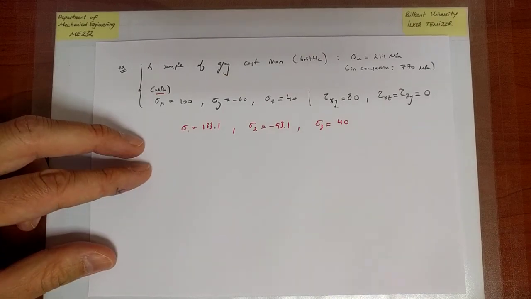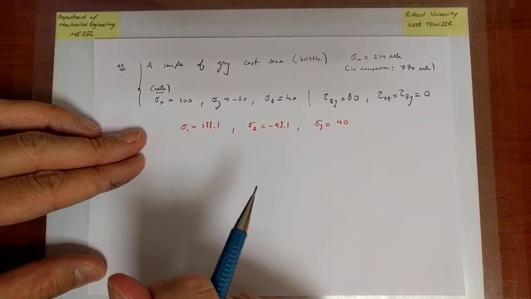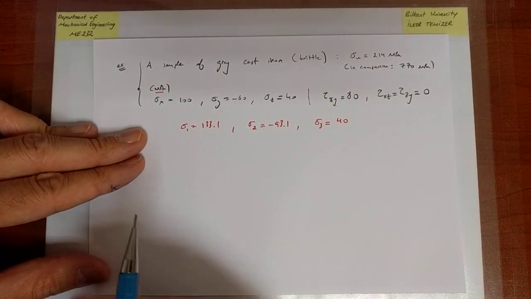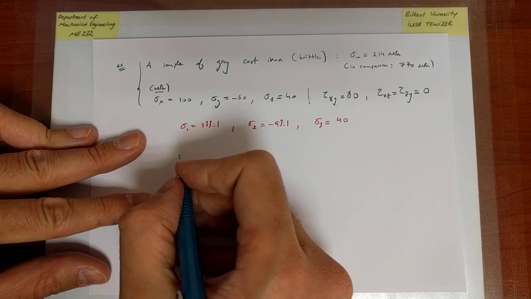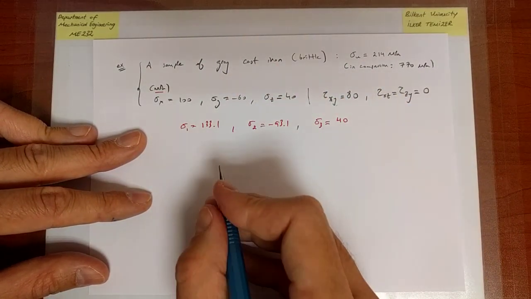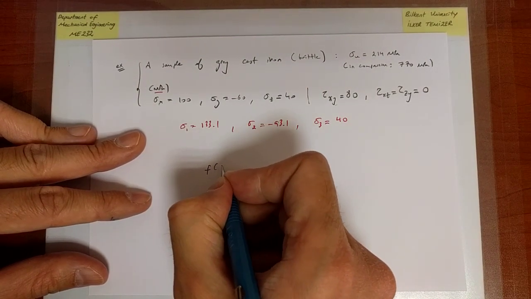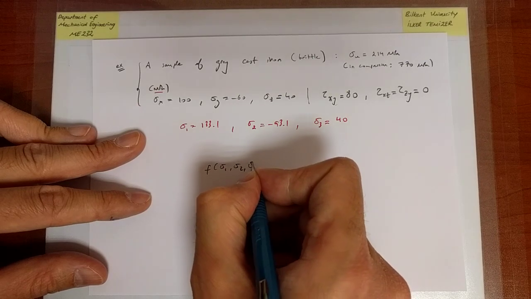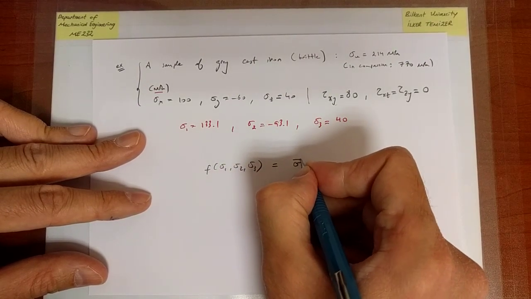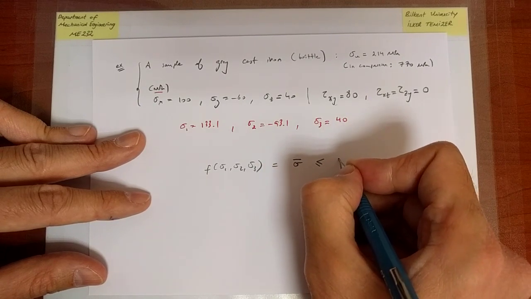Now, I just made a note of that, but of course we need to always proceed in a methodological manner and think about what we're doing. What are we trying to do? I am trying to predict failure of a brittle material. And in general, we predict failure by taking the principal stresses and from that calculating an effective normal stress and comparing it against a critical value.